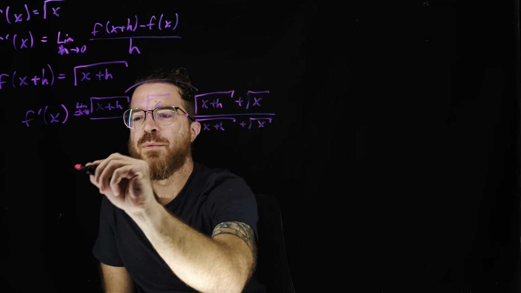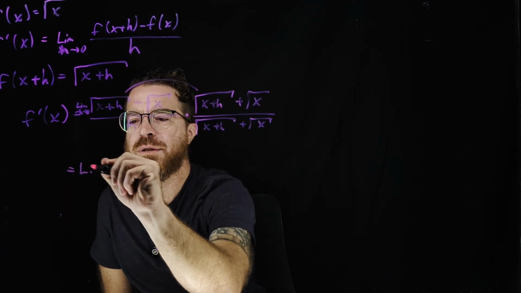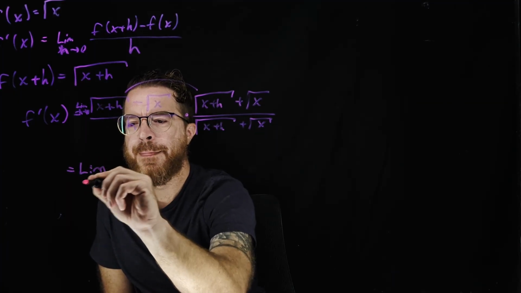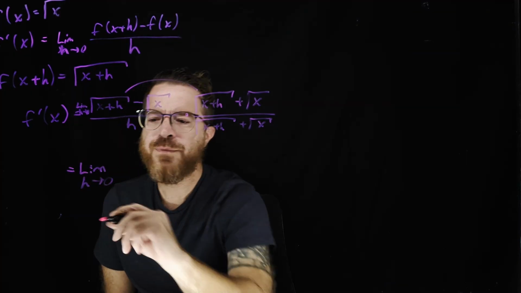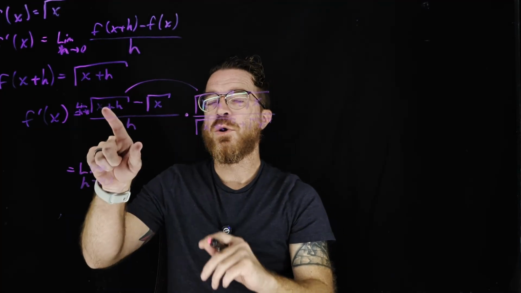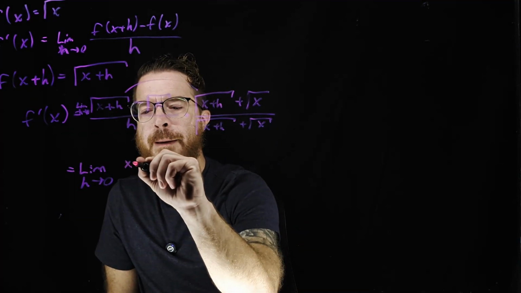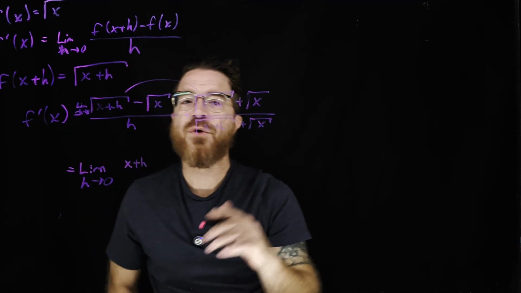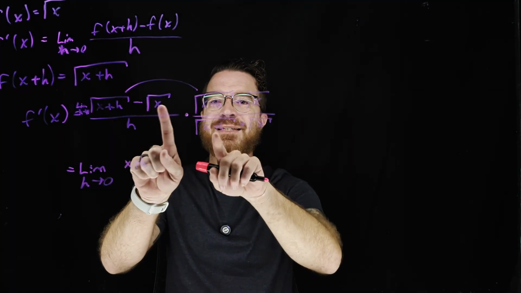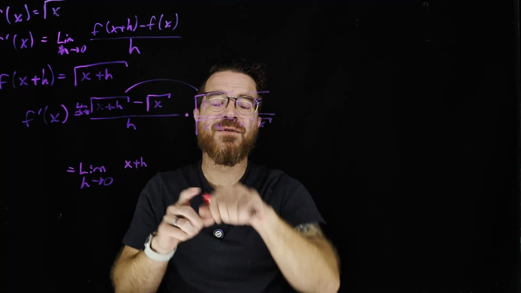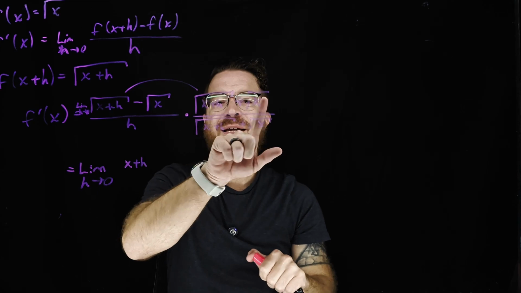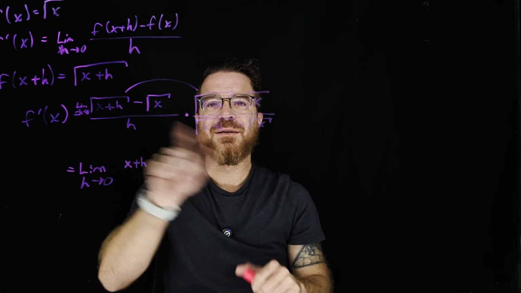So first, we're going to get that this is equal to the limit as h goes to 0. And then this is going to be square root of x plus h times square root of x plus h, which is going to be x plus h. And then for our inner and outer terms, we're going to get minus square root of x times the square root of x plus h, plus the square root of x times square root of x plus h.